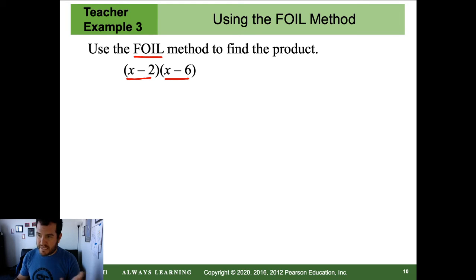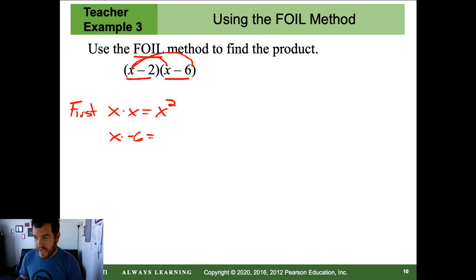So what that basically means is that we have to take this x and multiply it by that one, and multiply it by that one. So x times x is going to equal x squared. So that is your f, or your first. Your x times negative 6 then equals negative 6x, and that is your outside.